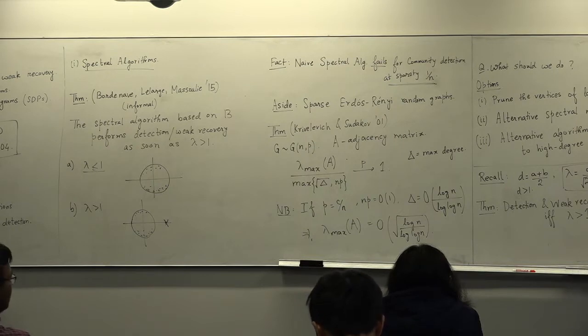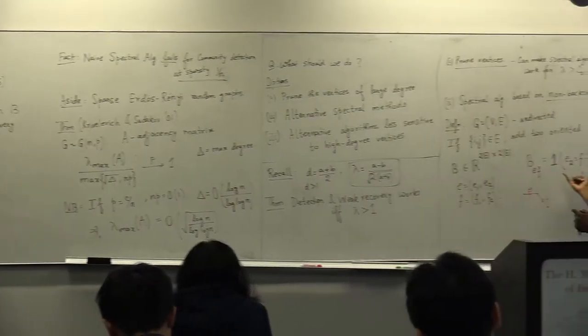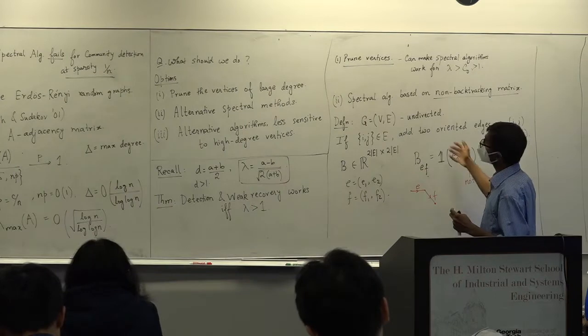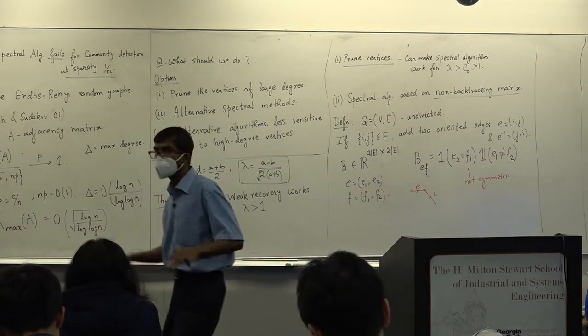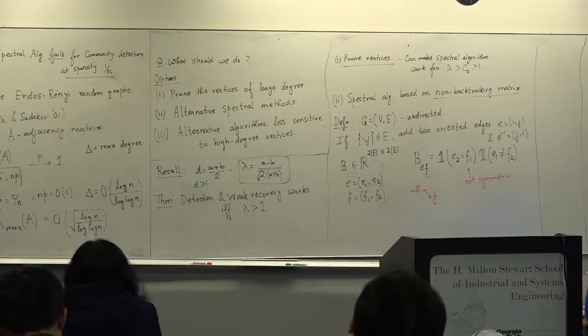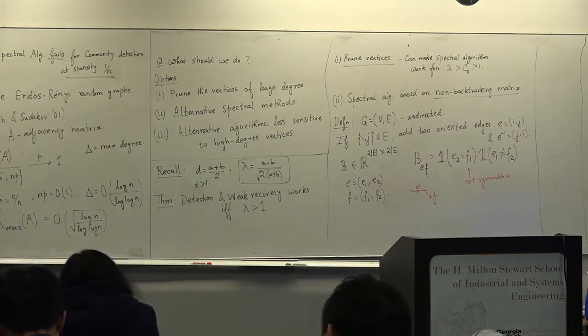So the fact that I'm doing this non-backtracking operation helps me rule out these walks of small length that go from a certain vertex directly to a vertex of very high degree and immediately come back. So I'm ruling out those paths. Therefore, this non-backtracking based method is damping out the effect of vertices of very high degree. That's the intuition as to why you might expect this to work.